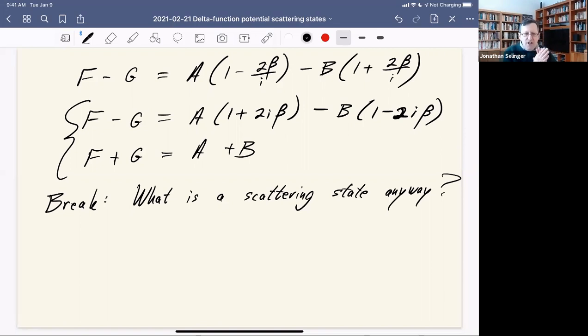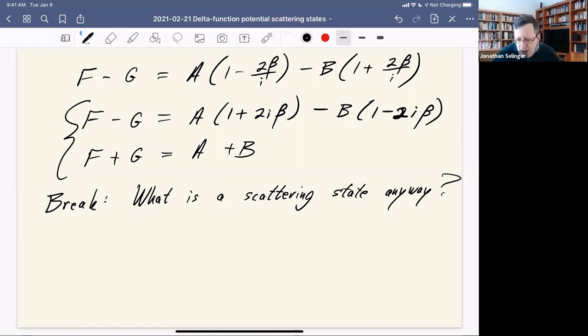let's suppose that what we want to study is the delta function potential, if the delta function potential represents some kind of atom that we're investigating, okay? And so we're studying it by shooting waves at it in one dimension.